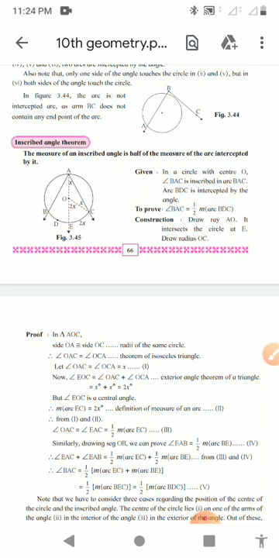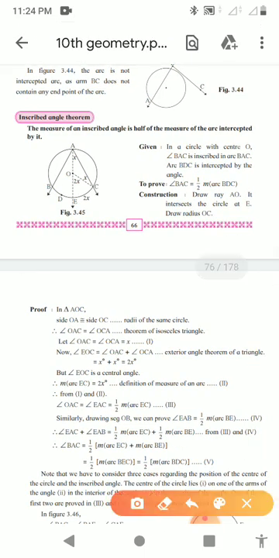After we draw the radius, we will get triangle AOC. In this triangle, side OA is equal to side OC, because both are radii of the same circle, so they are congruent.